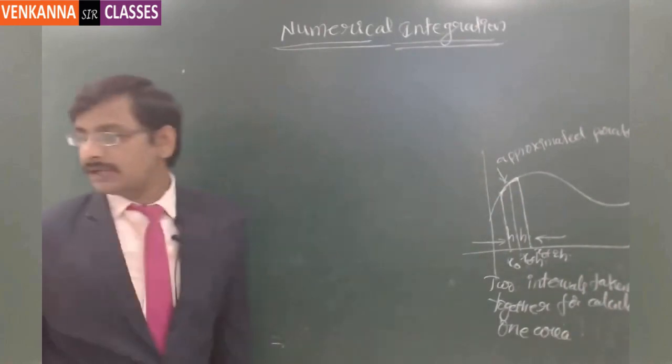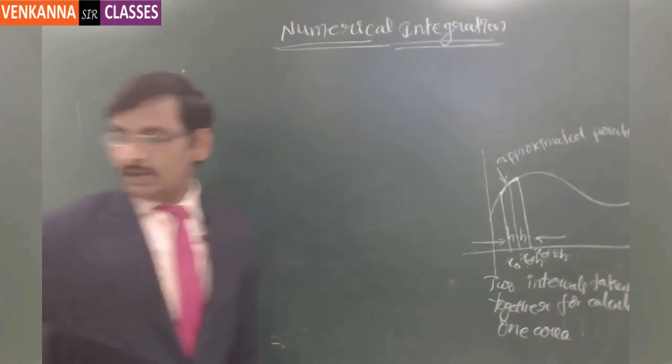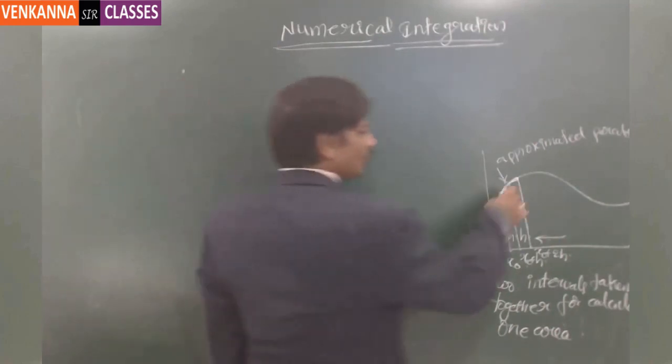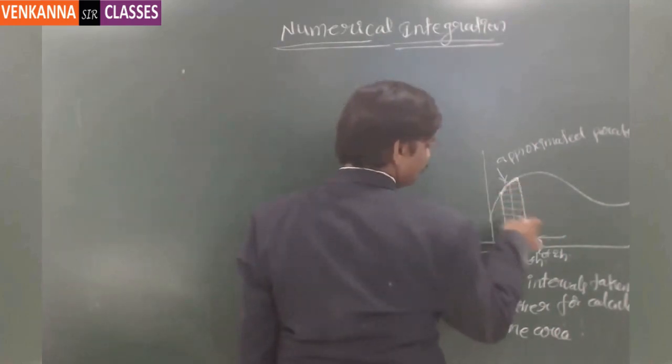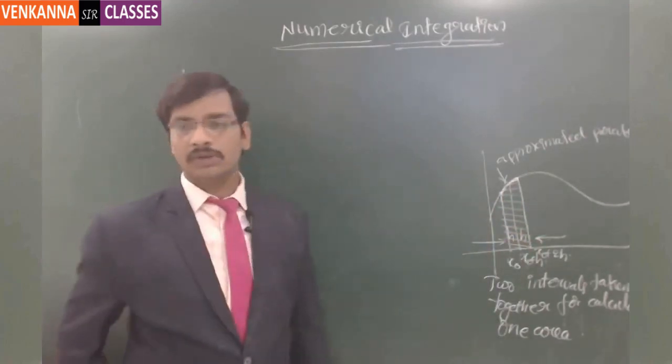Right? So for calculating one area, you are taking 2 intervals together. So when we calculate, we will calculate the area of this entire region rather than one single part, in the case of Simpson's 1/3 rule.